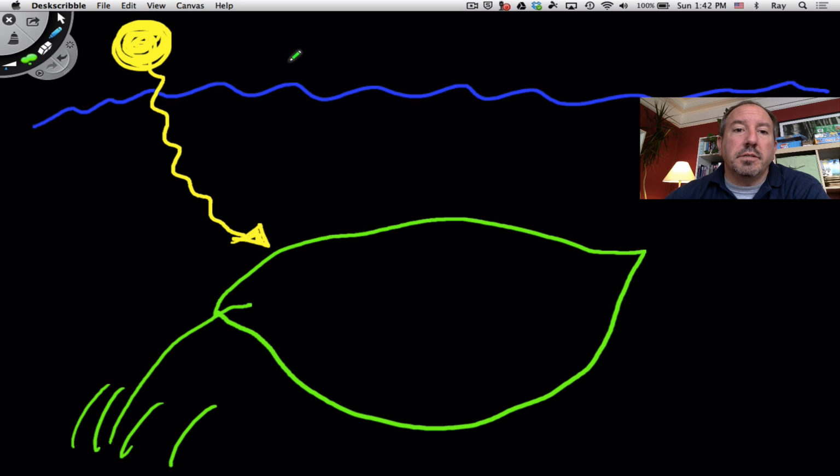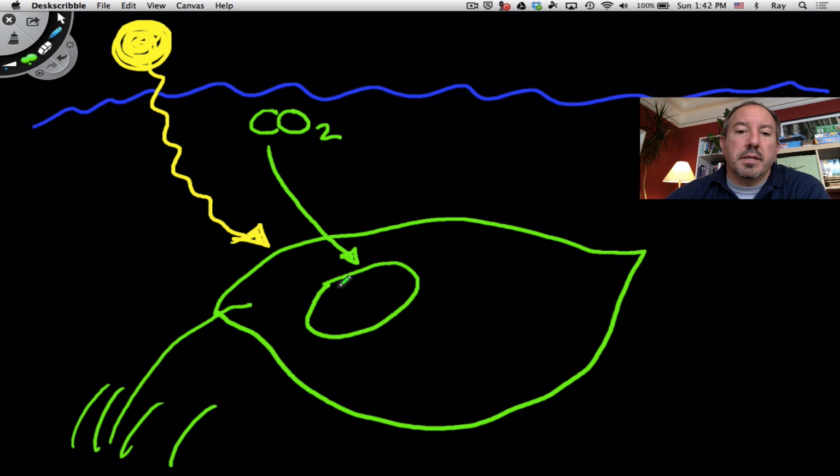And how they're able to do that is that there's dissolved carbon dioxide in the water, and the carbon dioxide is coming into the leaf. And in the leaf, there are little tiny organelles called chloroplasts. This isn't a discussion per se of this, but it's basically where photosynthesis is taking place.